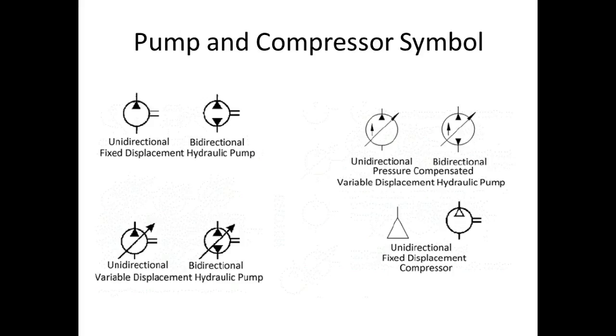Very little differences between hydraulic and pneumatic symbols. And of course, we use this a lot to represent the whole flow, right? By the way, this on the side, this is where your prime mover would attach over here. What would attach? Your prime mover. So compressors and pumps have to have a prime mover.